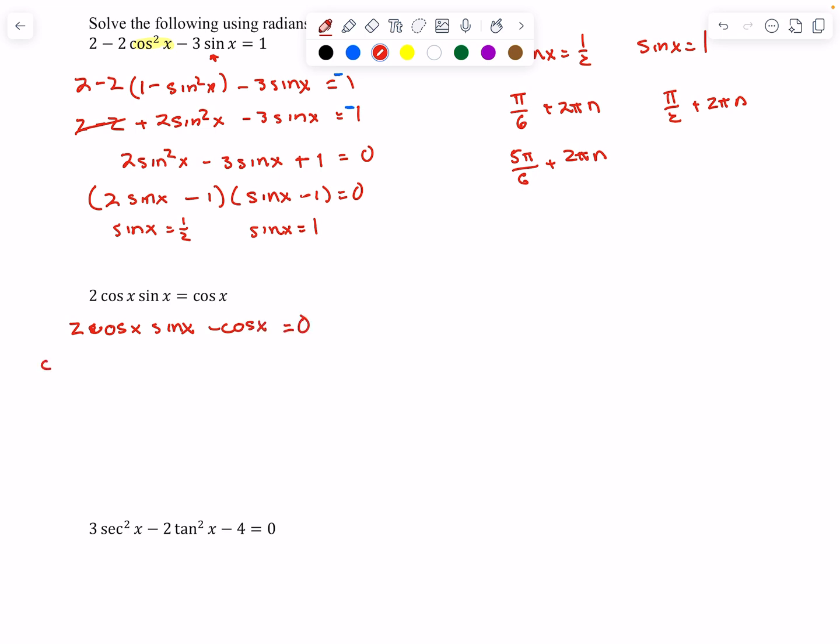Factor out the common factor. Move the 1 over and divide by 2 all in one fell swoop. Okay, so this is pi over 2's and 3 pi over 2's. Cosine 0 on the y-axis. Sine of pi over 6 is 1/2.